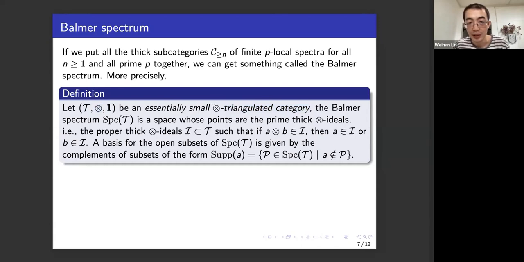The tensor triangulated category means these two operations have to be well behaved. You may compare this to commutative algebra, where we need the multiplication and the addition to satisfy, for example, the distribution law. And here you expect something similar.